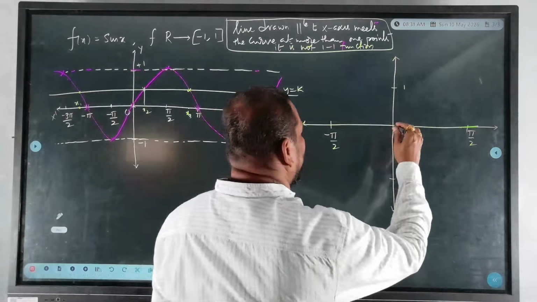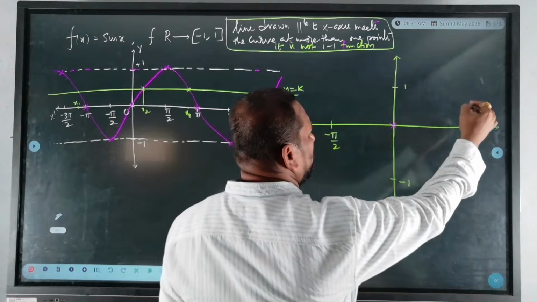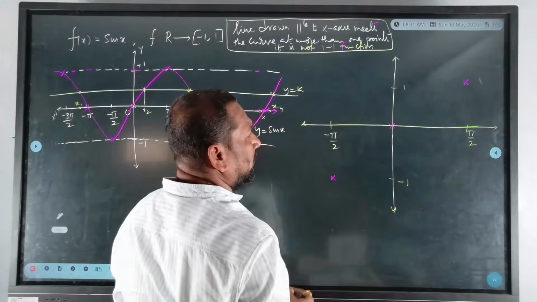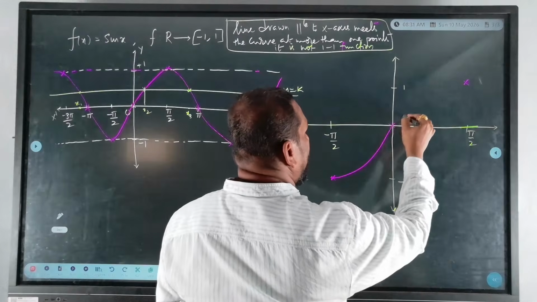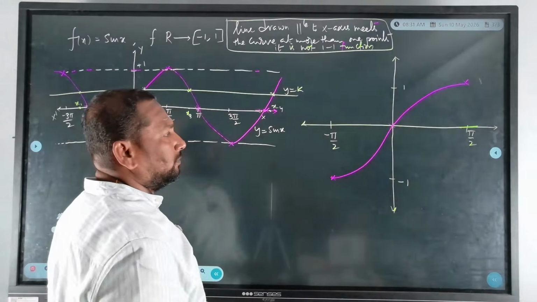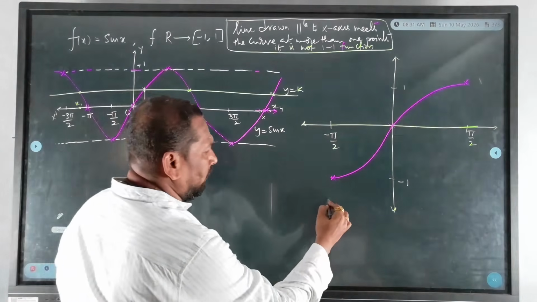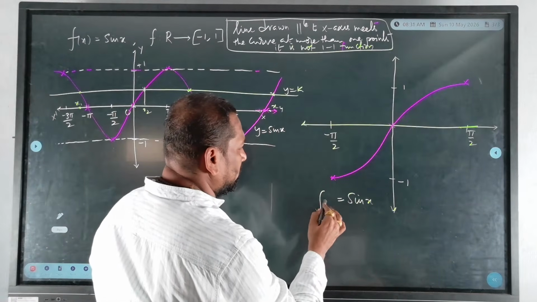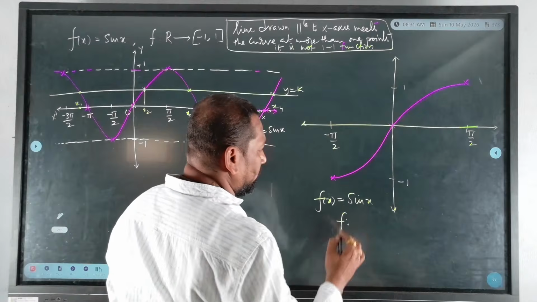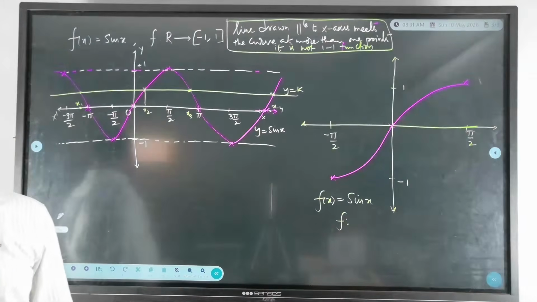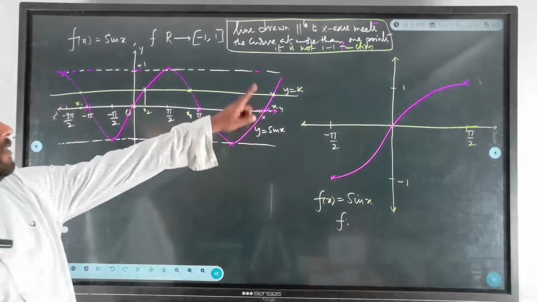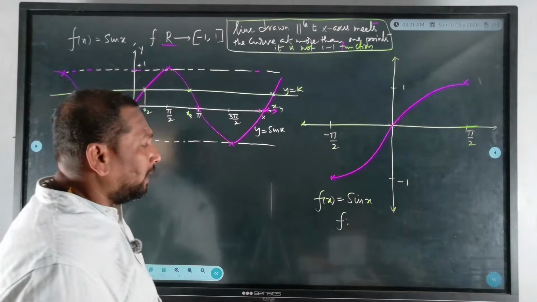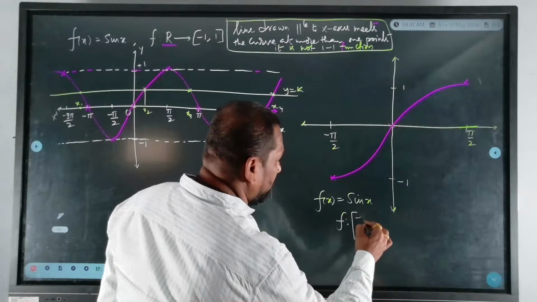Now what is sine 0? 0. What is sine 90? 1. What is sine minus 90? Minus 1. This is the graph. Here y is equal to sin x, or f(x) is equal to sin x. f maps from, what is the domain here? Here the domain is minus infinity to infinity, that is R. Here the domain is minus pi by 2 to pi by 2.